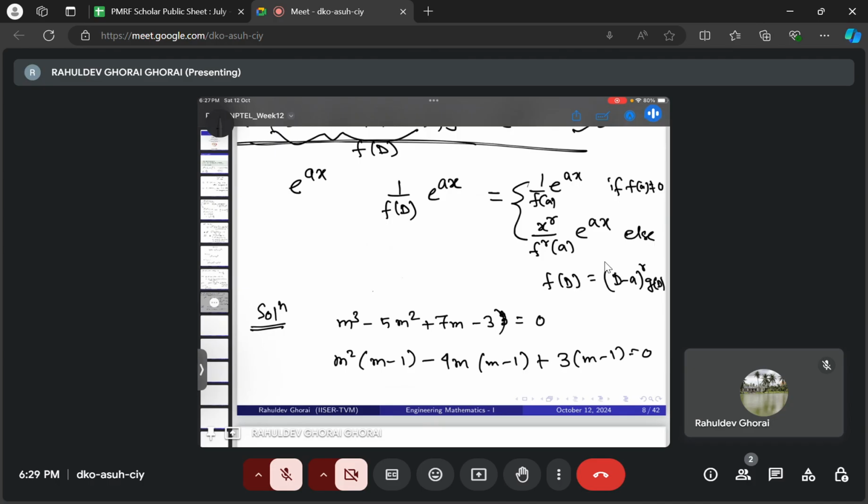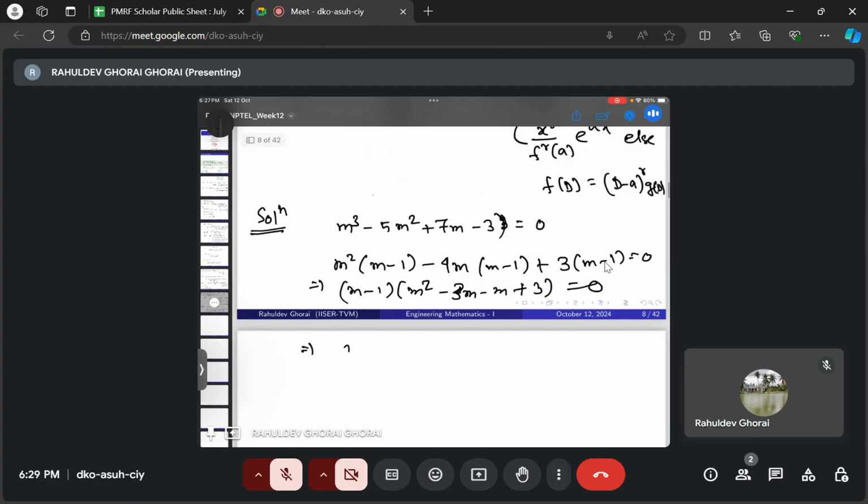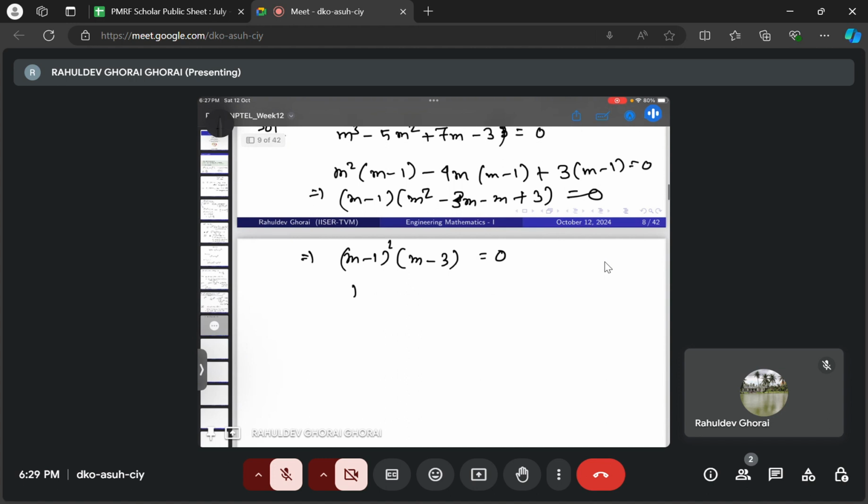That gives me everything, so (m minus 1) times (m squared minus 4m plus 3) equals 0. Again you get (m minus 1) times (m minus 3). So what are the roots? 1, 1 and 3. You see 1 occurs twice.